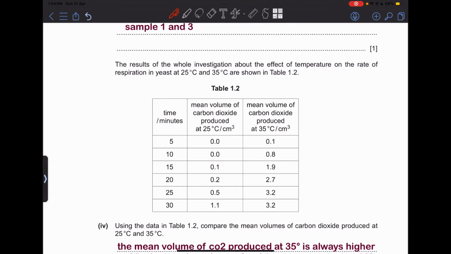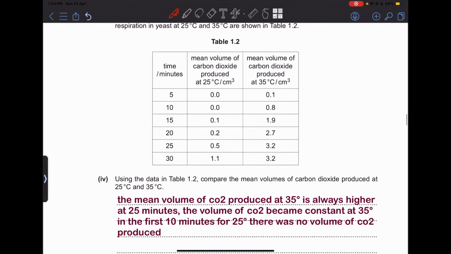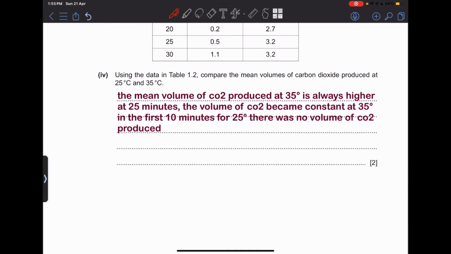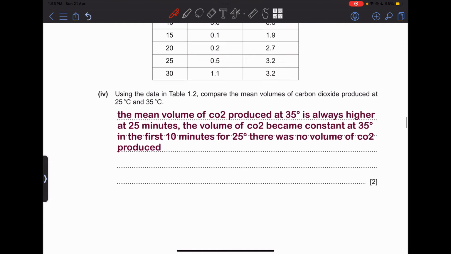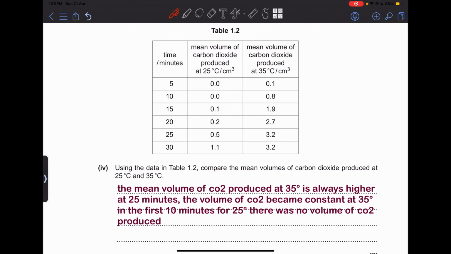The results of the whole investigation about the effect of temperature on the rate of respiration in yeast at 25 degrees and 35 degrees are shown in table 1.2. IV, using the data in table 1.2, compare the mean volumes of carbon dioxide produced at 25 degrees and 35 degrees. So over here, we have the mean volumes.